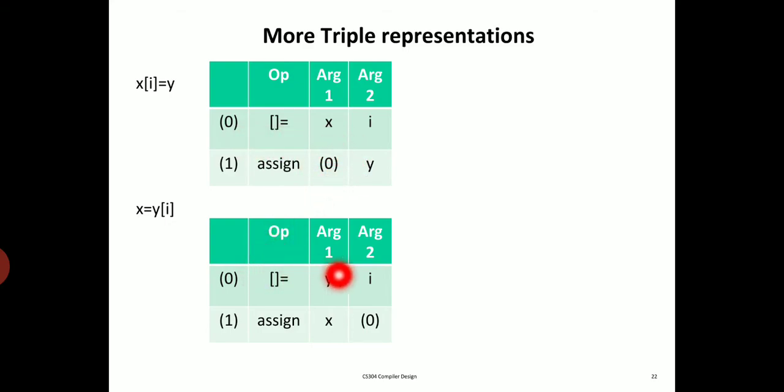Similarly, x = y[i]: y is the name of the array, and y[i] is computed here in the 0th position of this triple, then x and 0 will be assigned, that is x will be assigned the value of the result at position 0.